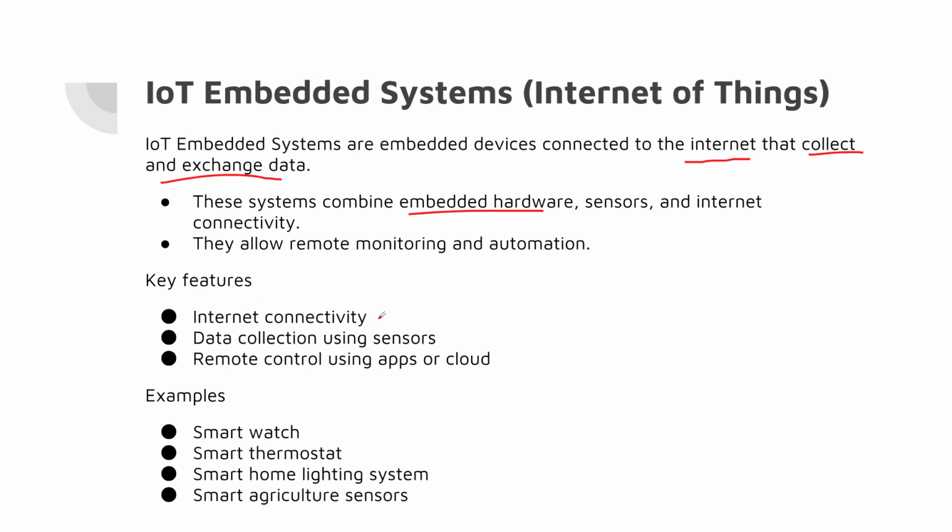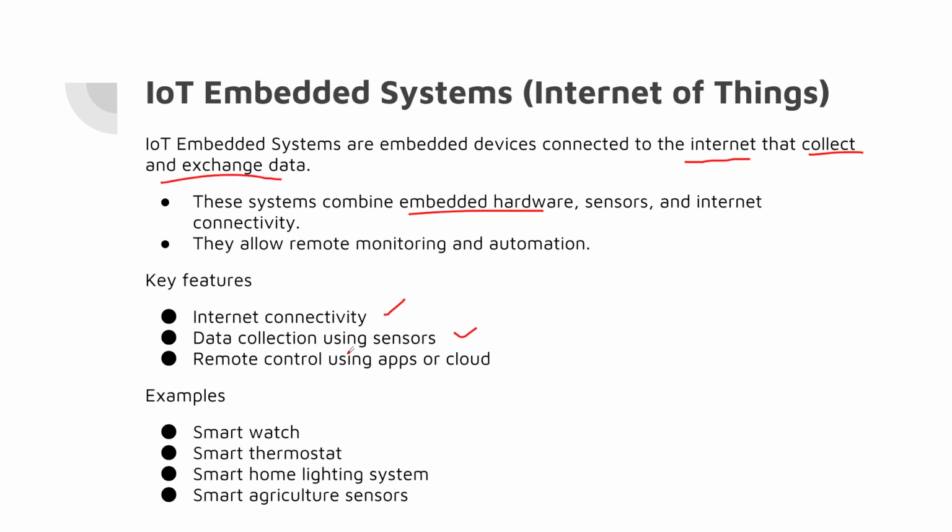So the key features are: it requires internet connectivity, data collection is done using the sensor, and it is controlled remotely via app or cloud. It will continuously read the data, and the data will be fed into the cloud via the internet, and the cloud will make some decision and send some commands to the device via the internet.